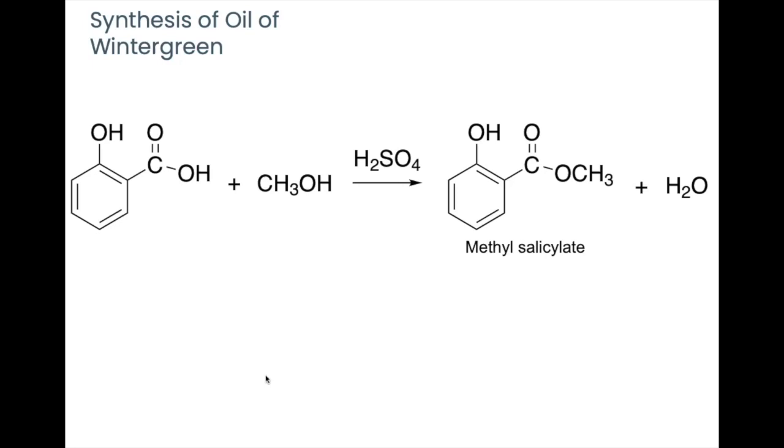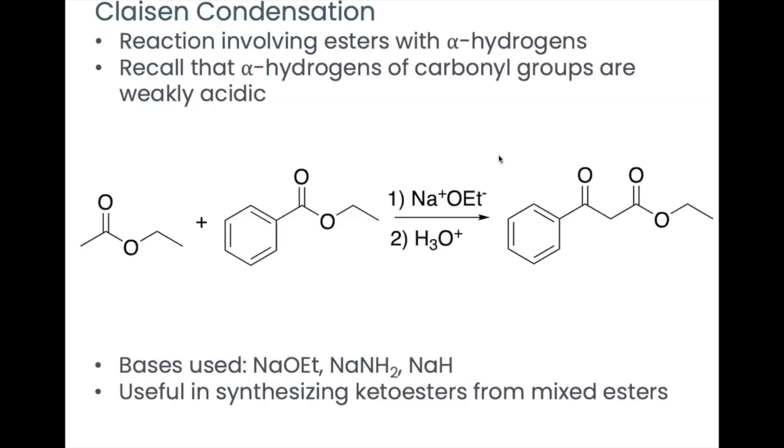Okay? So now let's look at Claisen condensation. So for Claisen condensation, this is a reaction involving esters with alpha hydrogens. Okay? So ano yung mga esters with alpha hydrogens? Such as this. So remember, this is your alpha carbon. Let me just indicate that.